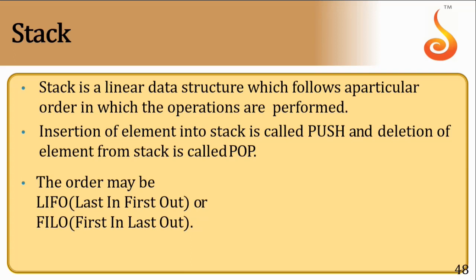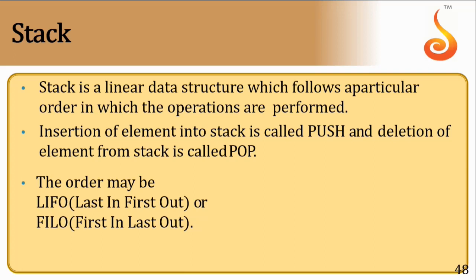Any element in an array can be accessed using the array index. Yes, if I want to access the third element directly, I can access it. It allows random access. I don't have to go from 1, 2, 3, 4. Whereas in a stack only the topmost element is accessible, as it follows the last in first out order. That is, the last element inserted would be the first element deleted.